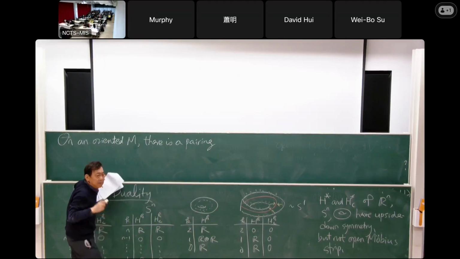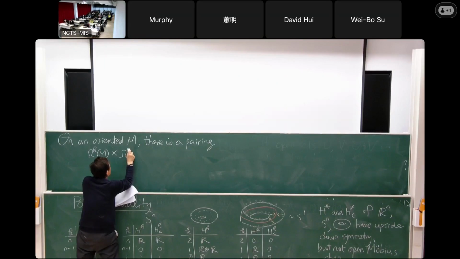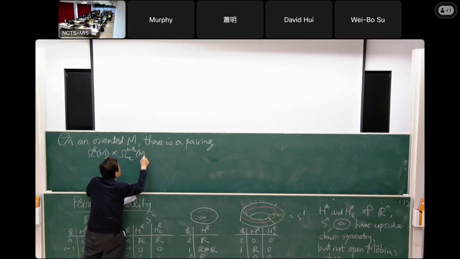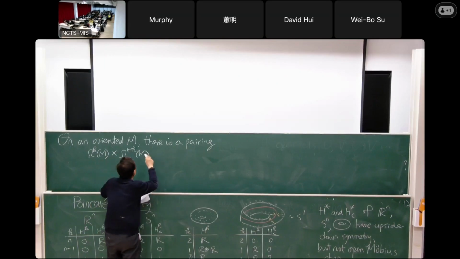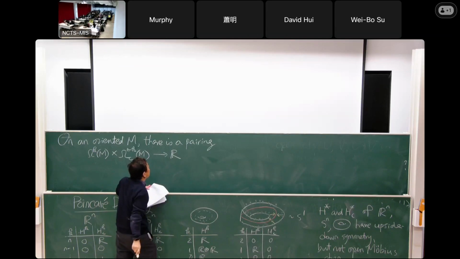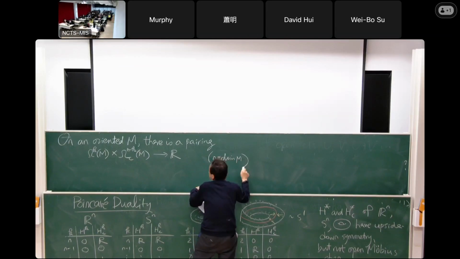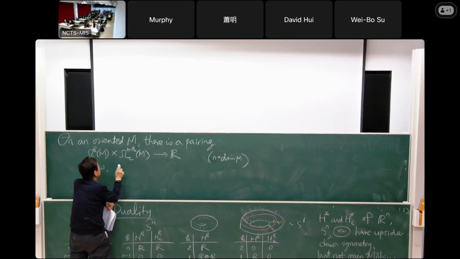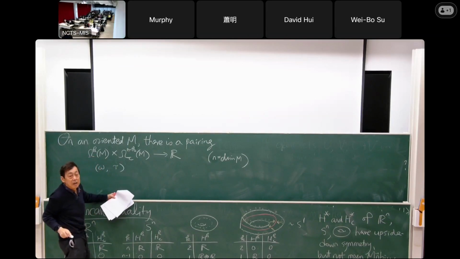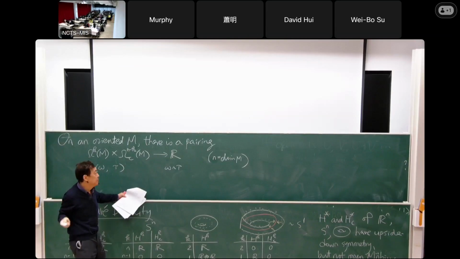Now, a pairing is just a bilinear map. So I can take a form and pair it with a form with compact support in the complementary dimension, on an oriented M of dimension n, and get R. So n is the dimension of M. By taking a form omega and then a complementary form tau, and then I wedge them together, that will give me an n-form with compact support.